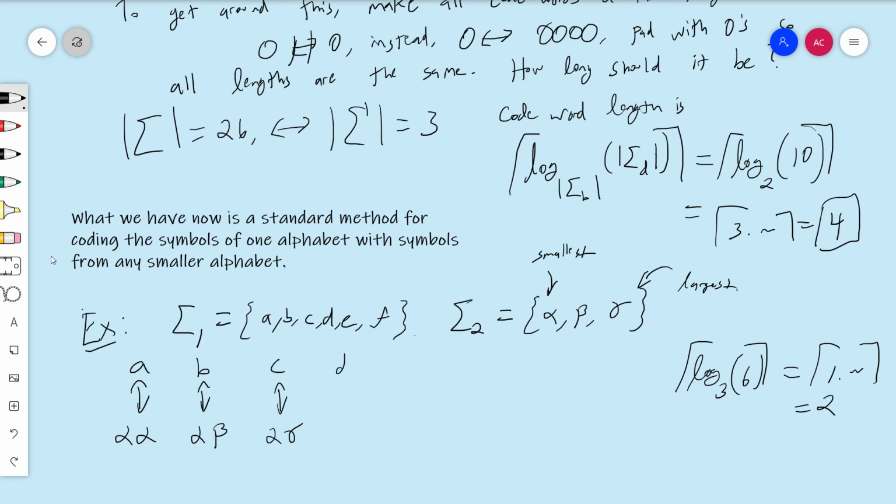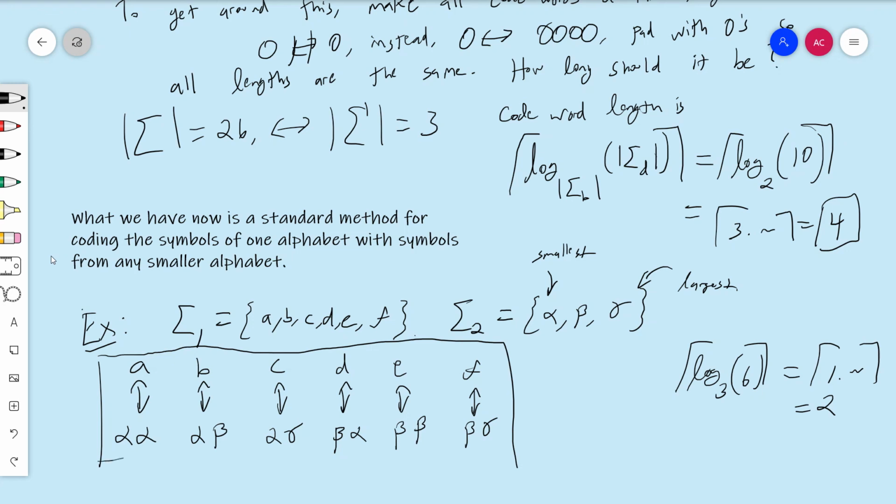We'll let D be encoded with alpha, wait, now I'm out of symbols for the first digit, so I increment the second one. So beta, alpha. I'll let E equal beta, beta, and F will be beta, gamma. This is the same kind of algorithm used to encode the symbols.